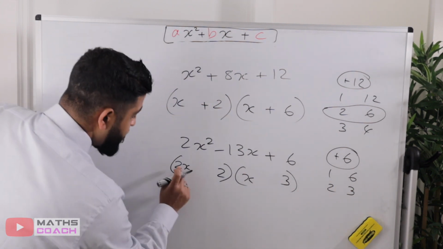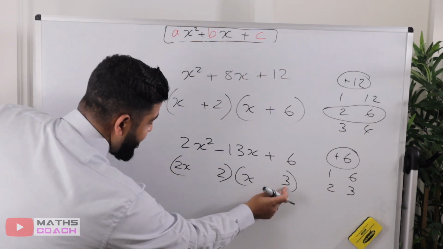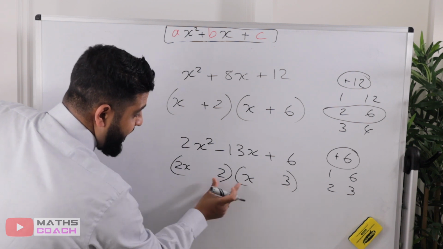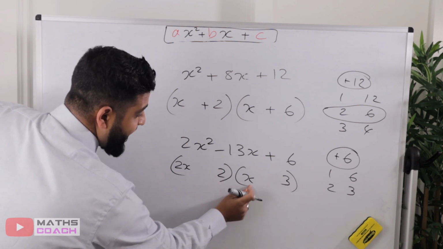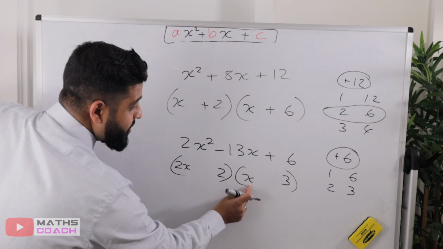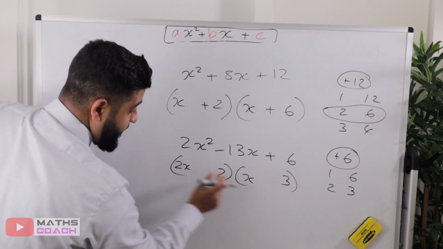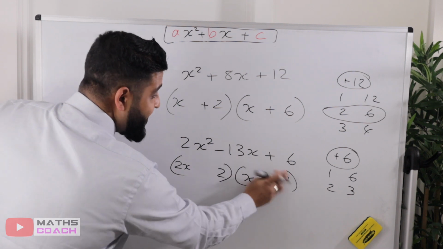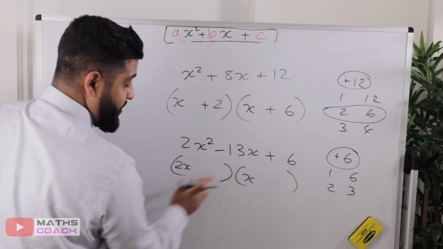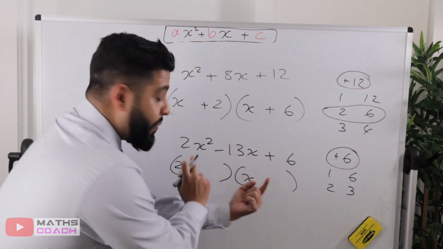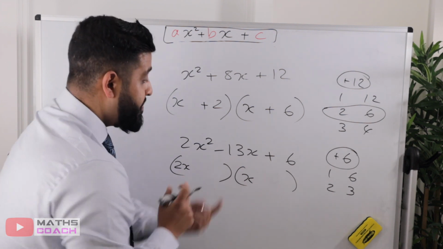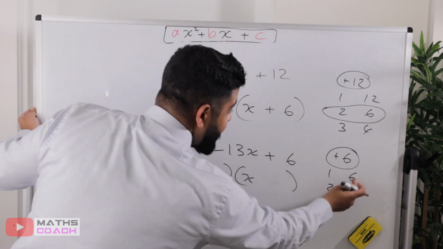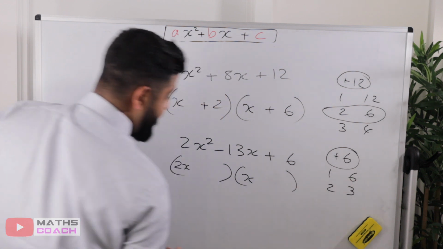So 2x times 3 is 6x, and now this can only make it 8x, or 4x if it's a minus, but I want minus 13. So these two pairs won't work. Often you may want to swap them around as well to check that, but the pair that I want is 1 and 6. It's this one.